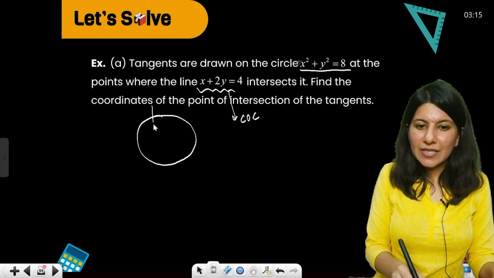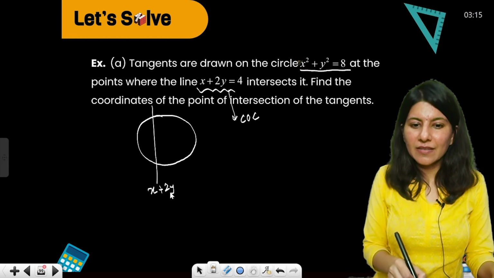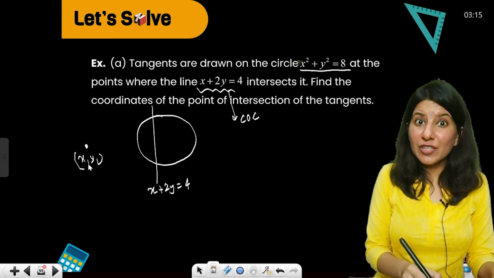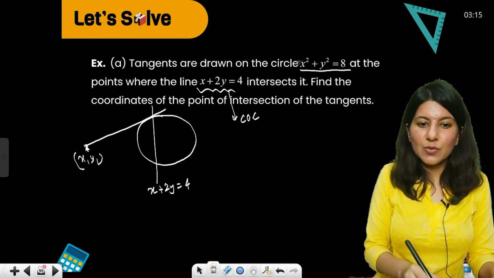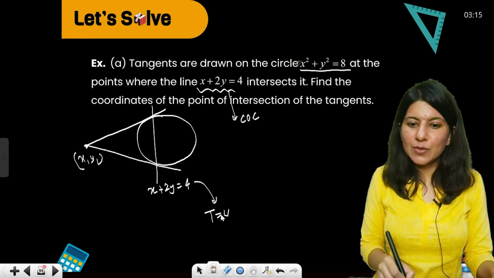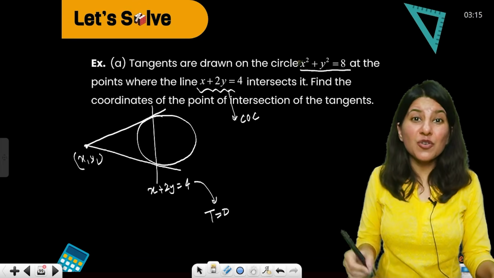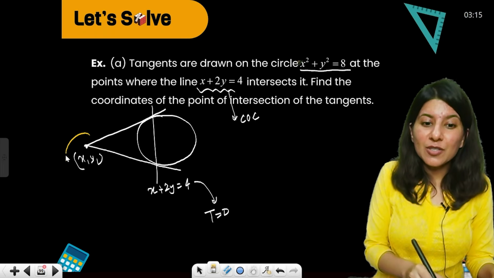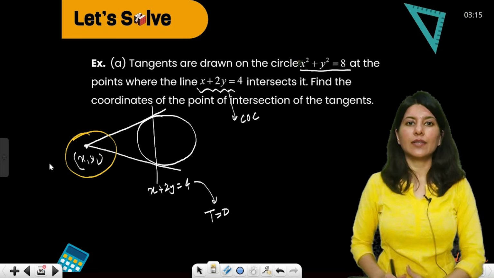This is the line, and this is the point x1 comma y1 from which you have drawn these 2 tangents, and this is given by T is equal to 0. What are you looking for? This time you're not looking for the chord of contact. You're looking for the point of intersection of the tangents. That means you're looking for this.